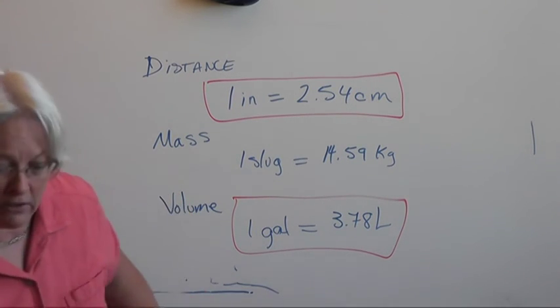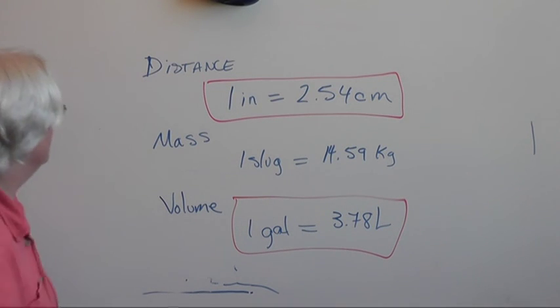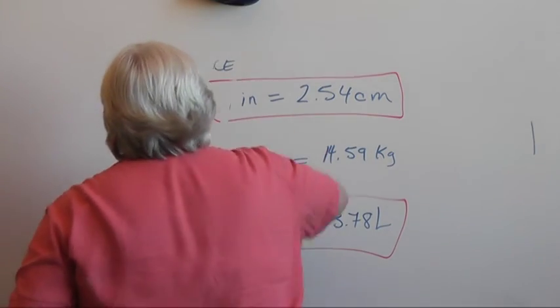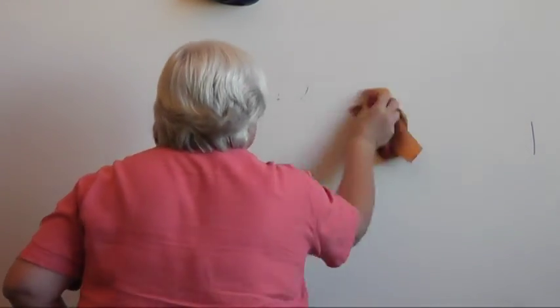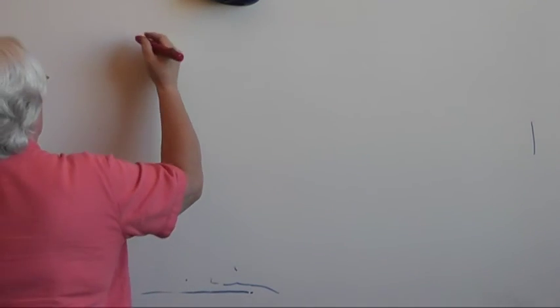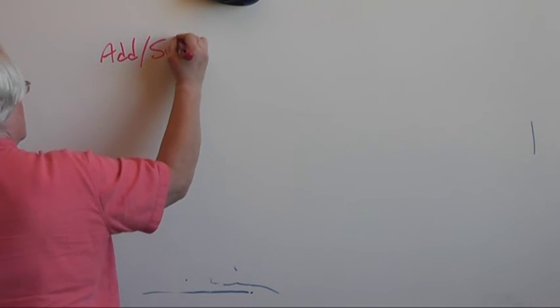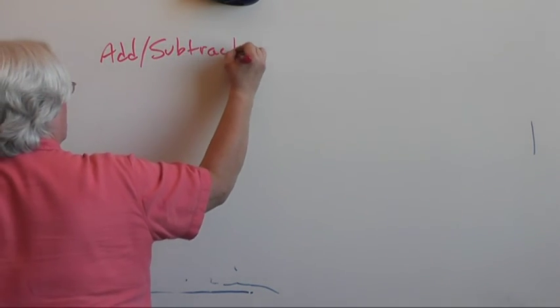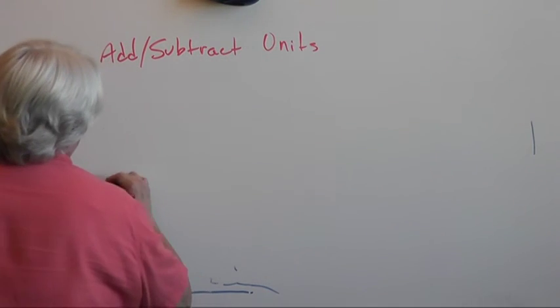Adding and subtracting units of measure. This is something different than what we've been talking about. We have adding and subtracting units and multiplying and dividing units. And this goes right back to principles of algebra.